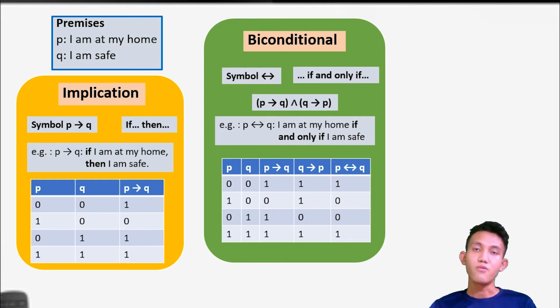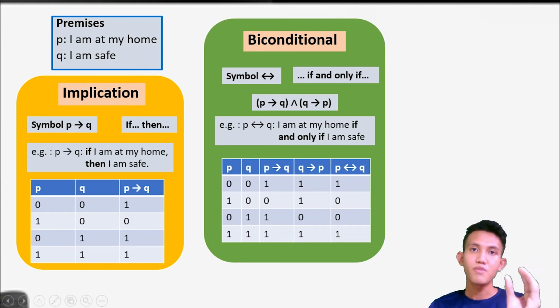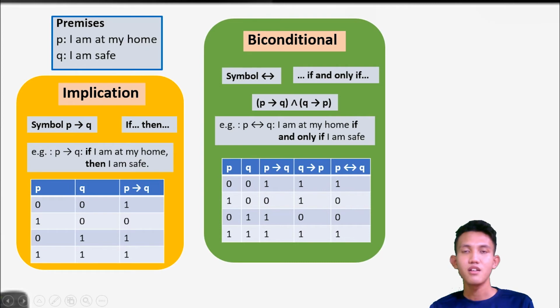The next one, if P is 1 and Q is 0, P implies Q is 0, since the first premise P is true and the second premise Q is false. For Q implies P, Q equals 0, false, implies P equals 1, which is true.